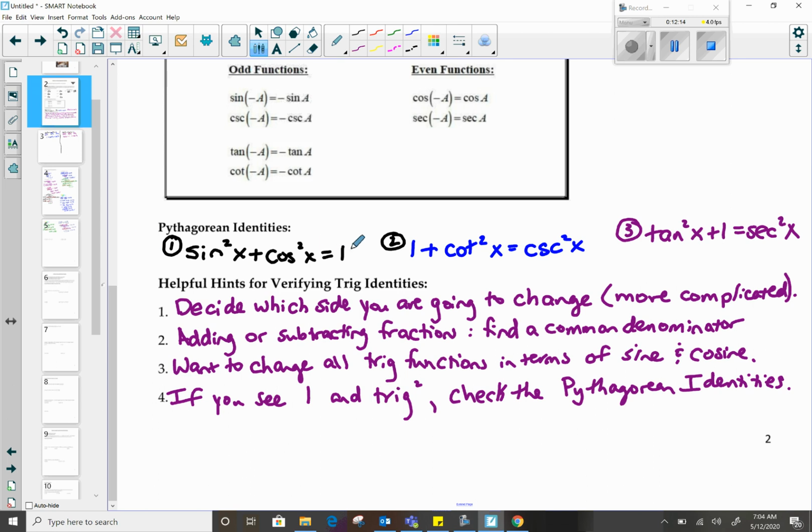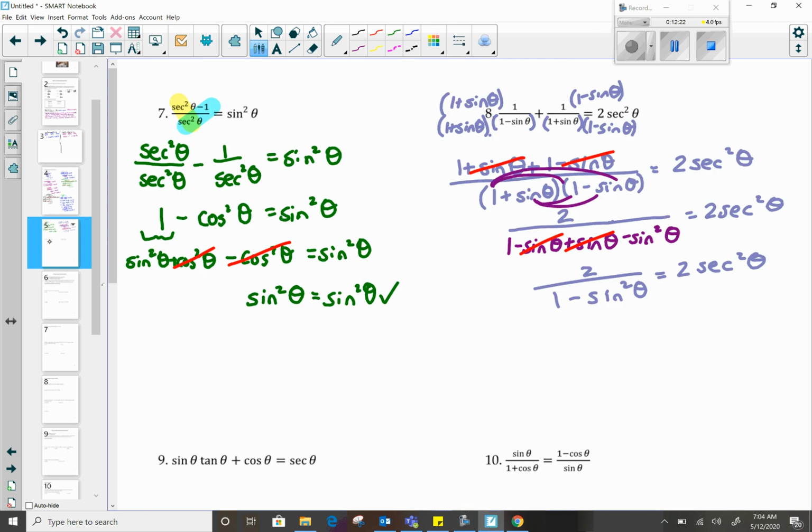So I'm going to replace 1 with sine squared plus cosine squared. So it's going to be 2 over, the 1 becomes sine squared plus cosine squared. I bring down the minus sine squared.